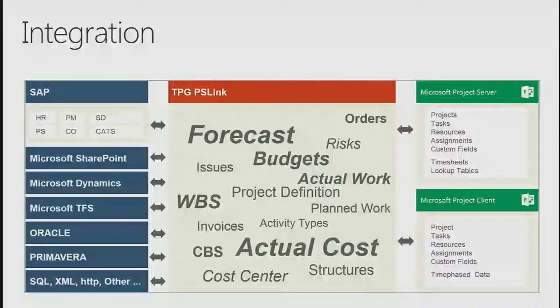If you look at the world of integration, our view is that we have a lot of systems that can or should be connected to the project world. This can be ERP systems, such as SAP or Dynamics or Oracle, which give you enterprise data, but also other systems like Primavera, for example.